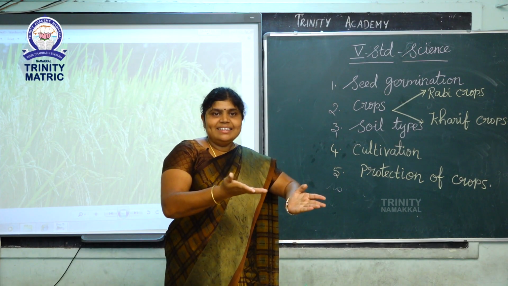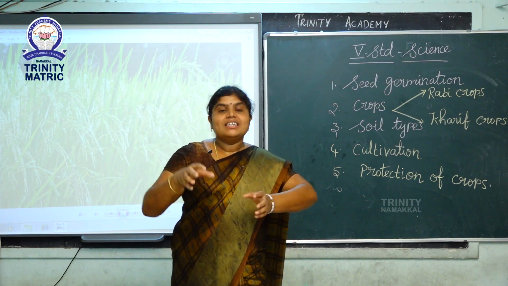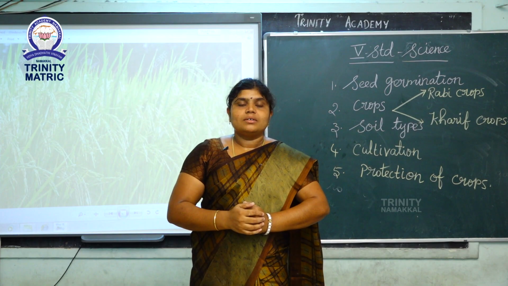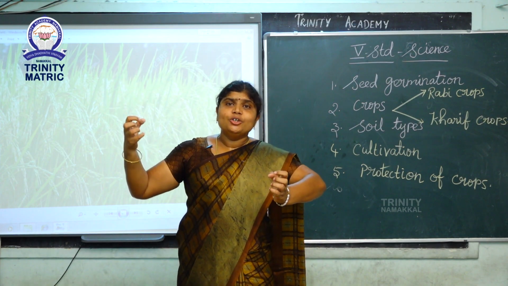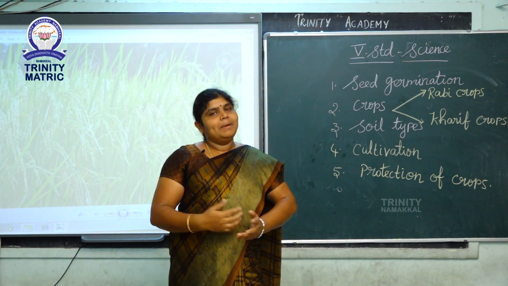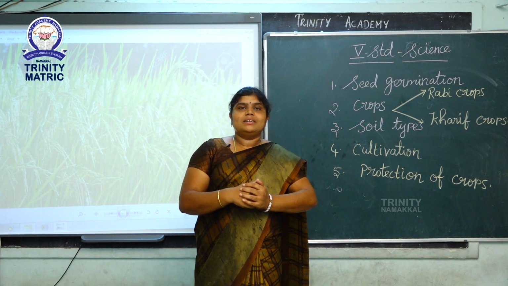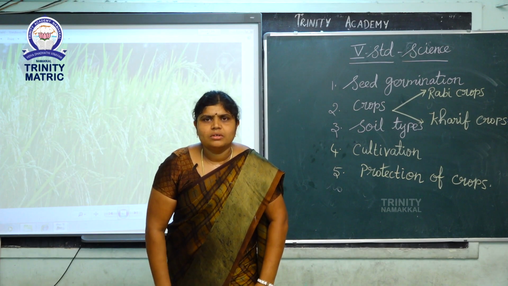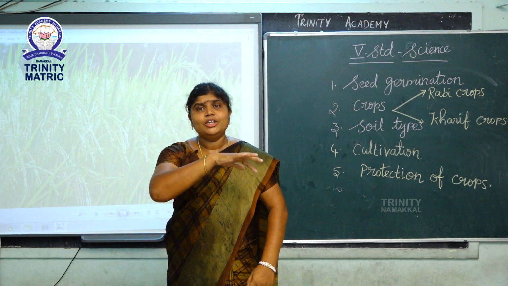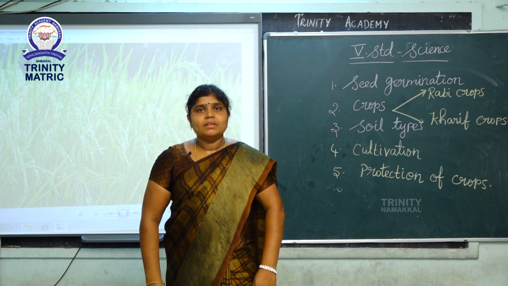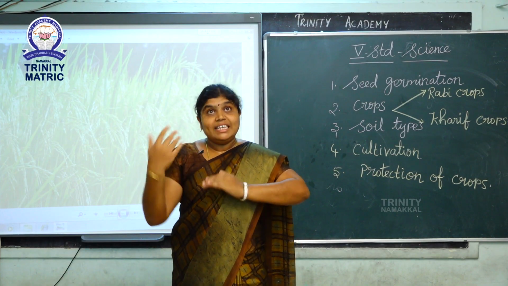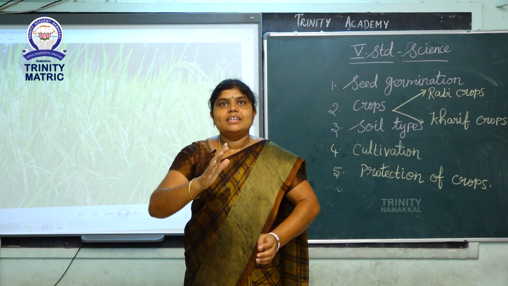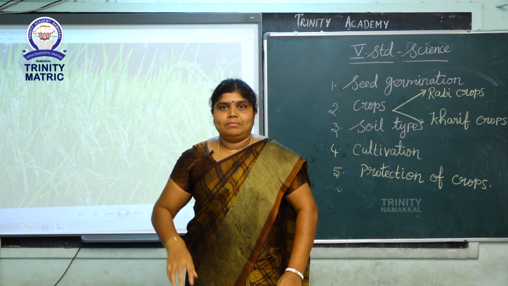So, plants and animals give natural manure. So, we can use the manure, but most of the farmers do not use natural manure. Why are they not using that natural manure? Natural manure gives yield, but it takes a long time.